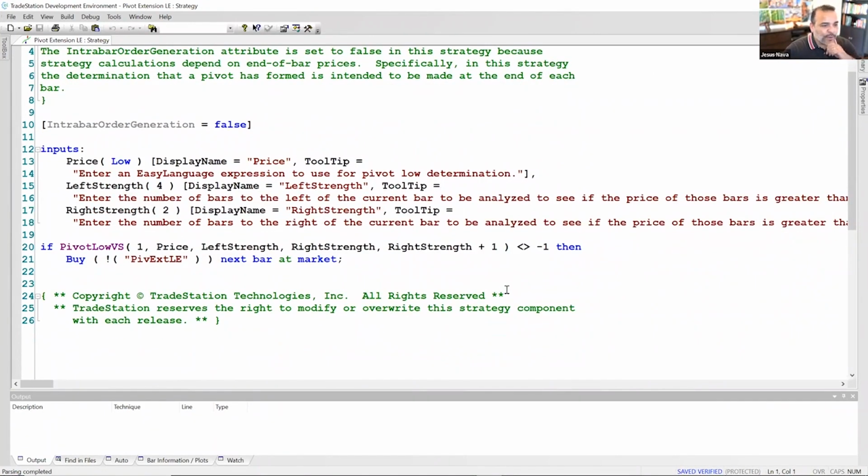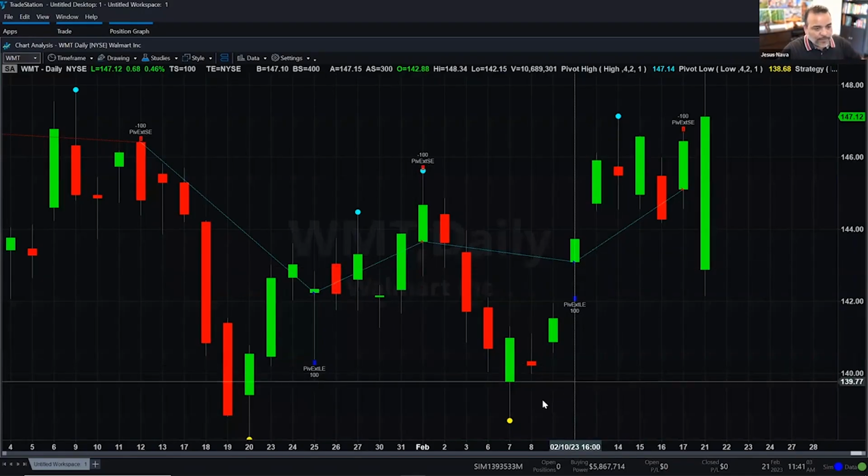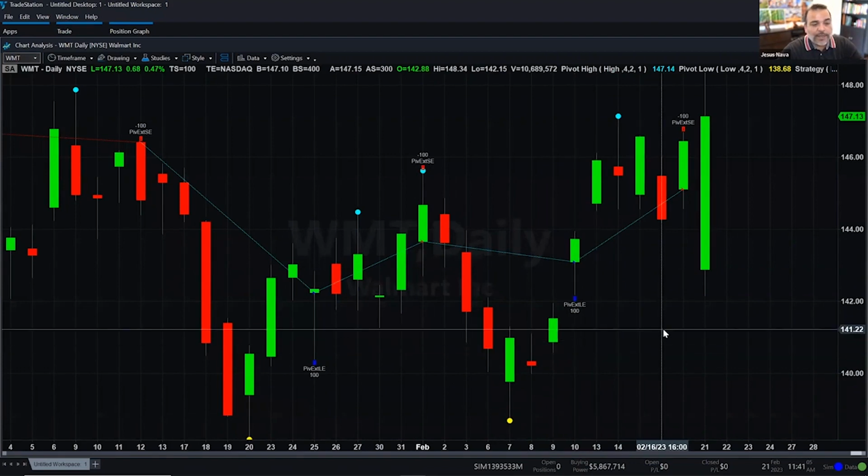And I look at the code. Yeah, this is buys next bar at market. But the reasoning for this is the following. What we talked about earlier, that we don't have confirmation of the pivot highs or the pivot lows until the bars that confirm the right-hand side.